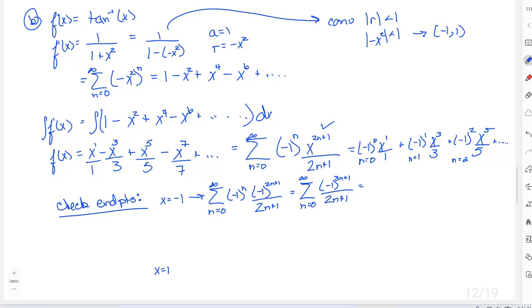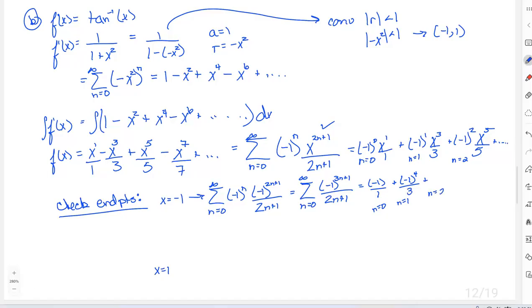So when I plug in 0, I'm going to get -1 over 1. When I plug in 1, I'm going to get -1 to the fourth over 3.